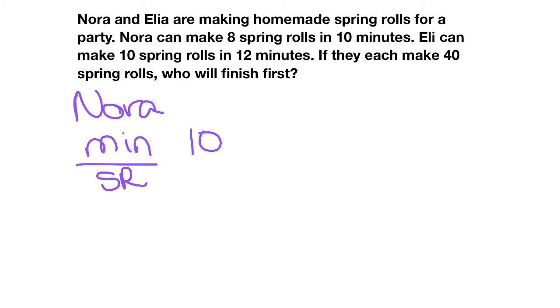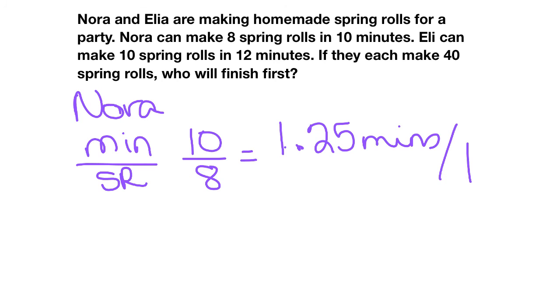So 10 minutes divided by 8. When we do 10 minutes divided amongst the 8 spring rolls, we find that it takes Nora 1.25 minutes to make 1 spring roll. That's pretty quick.